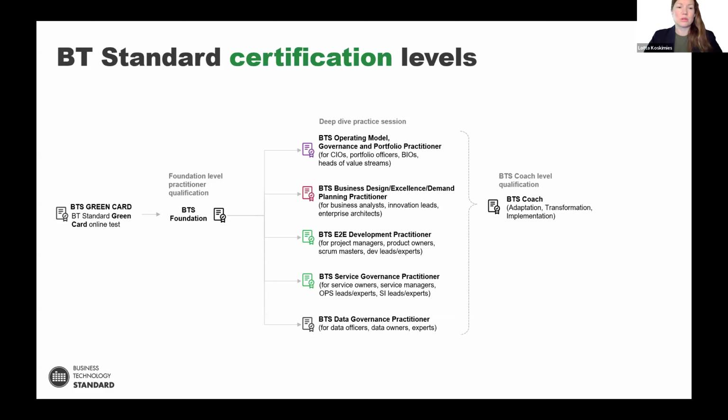So no fee is included with that. So that is the first step when becoming a business technology standard coach. Then you would also need the Business Technology Foundation, so the foundation level practitioner qualification, as well as the deep dive practice session. And these are, correct me, Elena, if I'm wrong, but these are compiled together at the same training session in Malaga, for example.